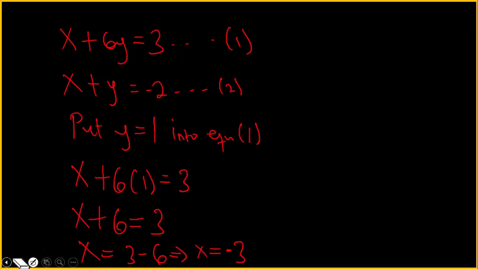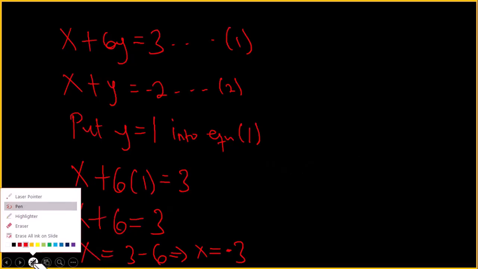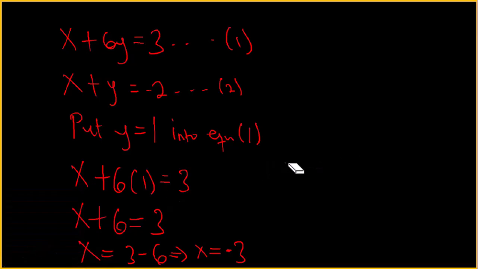Now let's put y into the second equation and ascertain whether we will be getting the same thing as negative 3. So we have x plus y, where y was given as 1, equals negative 2.